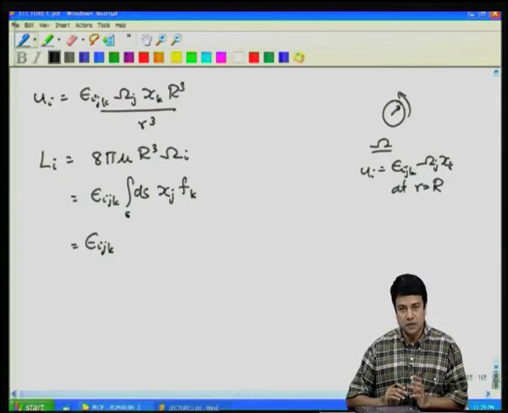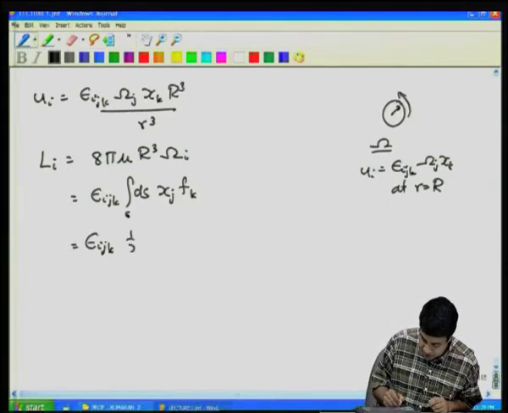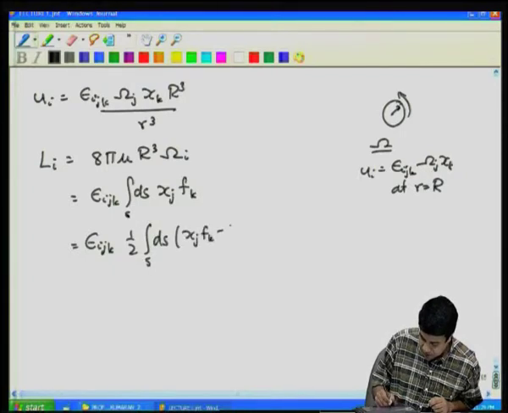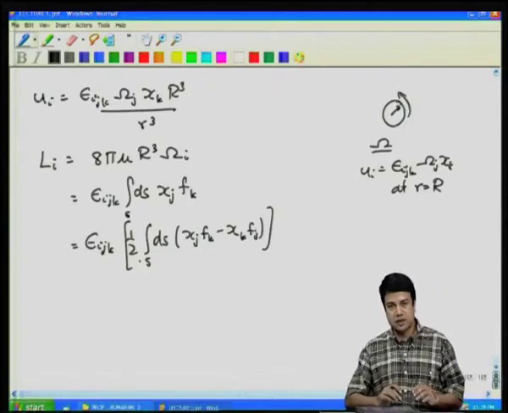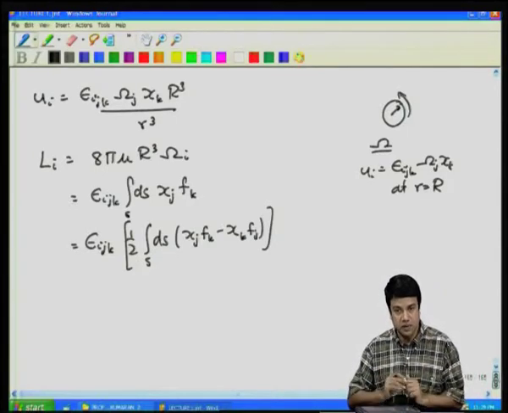So, therefore, this can also be written as this times the antisymmetric part of this tensor, x_j f_k minus x_k f_j. To get the antisymmetric part of the tensor, you take the tensor, subtract out its transpose and divide by 2.